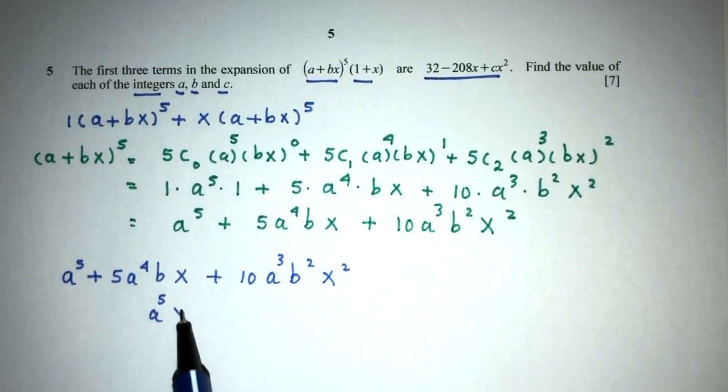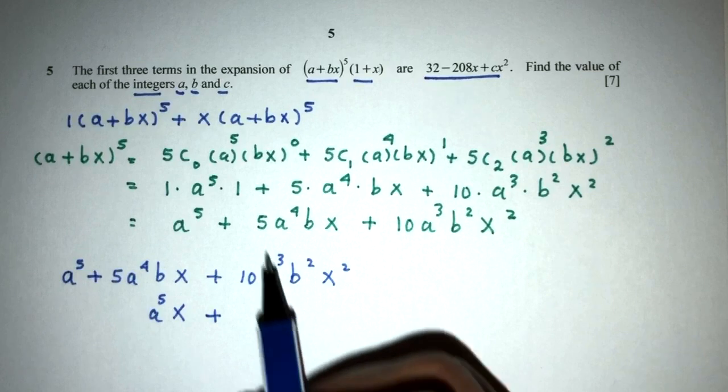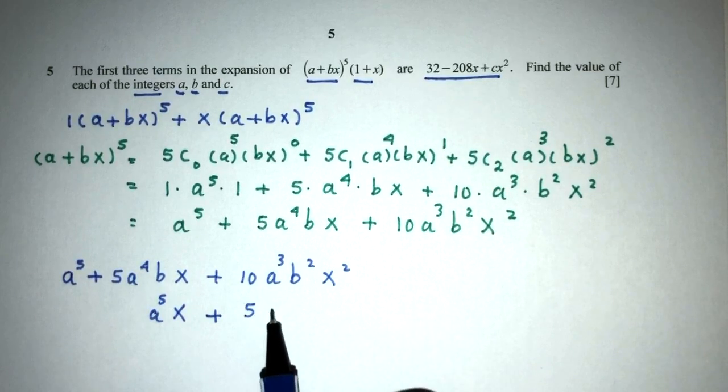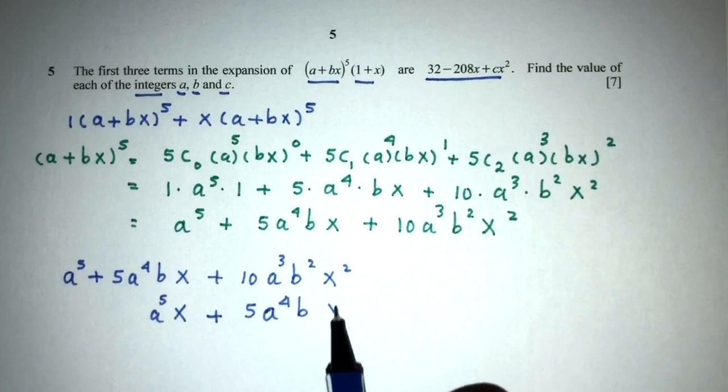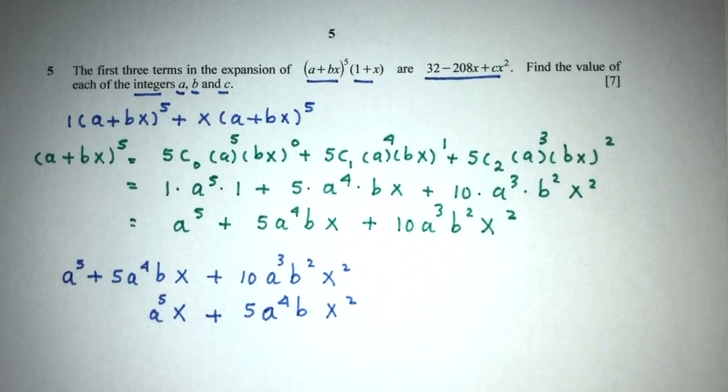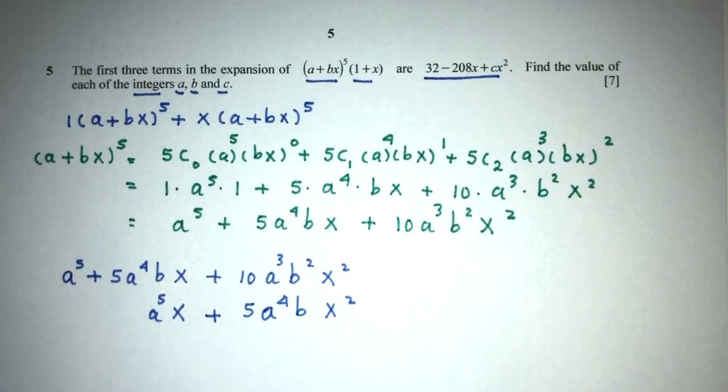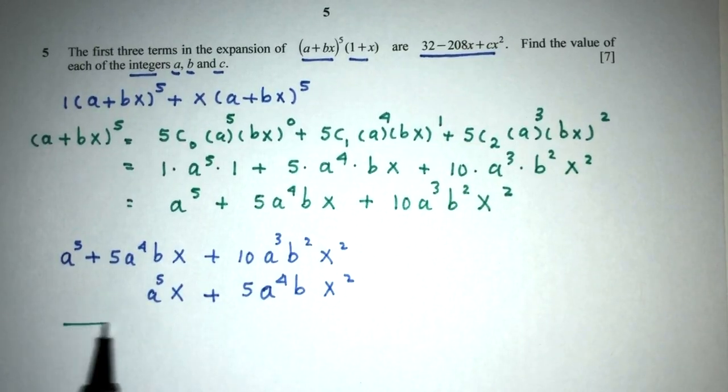So this times this, a power 5x, and then you will have plus 5a power 4 bx squared. That makes sense. Okay, so we can stop right here because we don't want any term more than this. So let's simplify to see what happens.